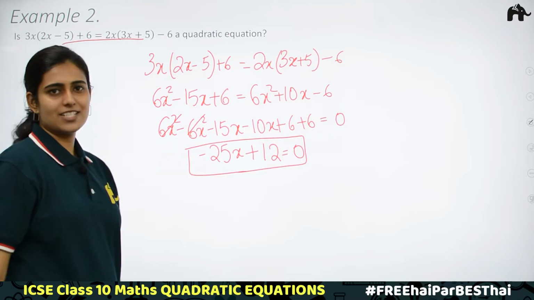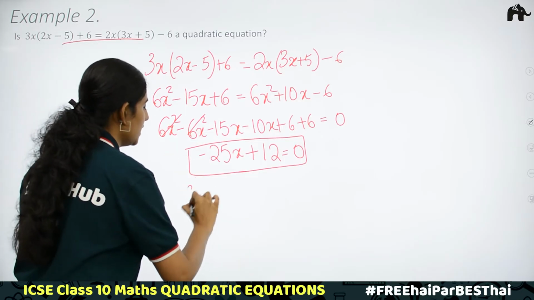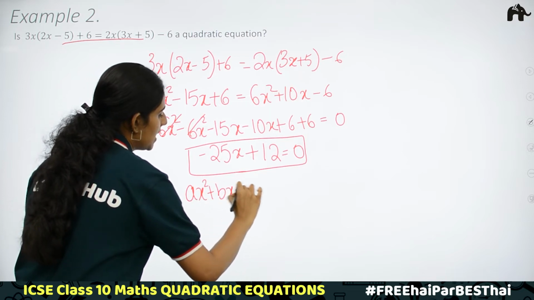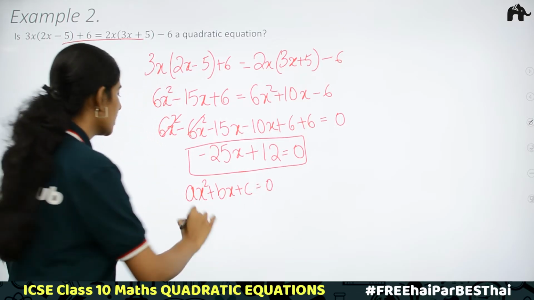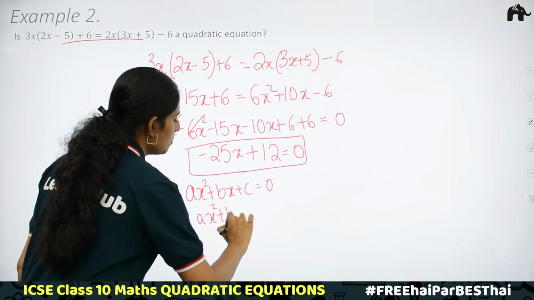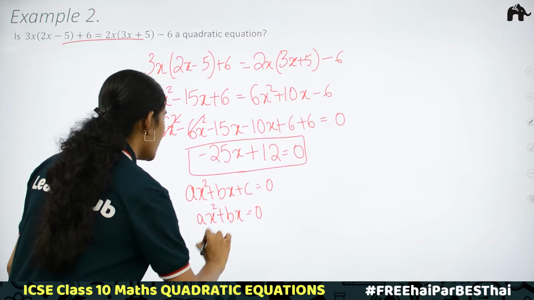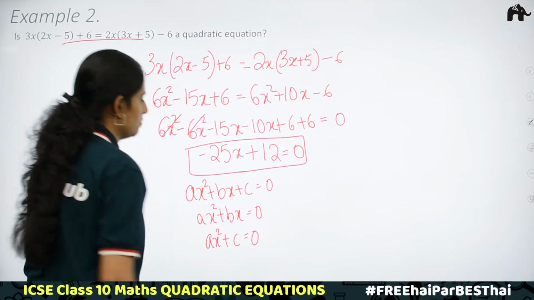Is this a quadratic equation? What do you think? A quadratic equation should be in the form ax square plus bx plus c is equal to 0, or ax square plus bx is equal to 0, or ax square plus c is equal to 0.